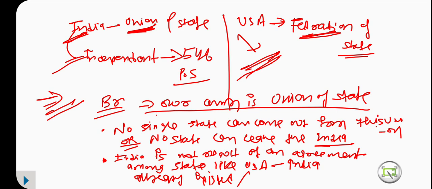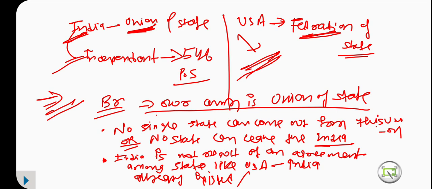India already existed. He said that our country is not the result of an agreement like the USA. India already exists. What does it mean? Our country already exists. It has not been created like the USA.